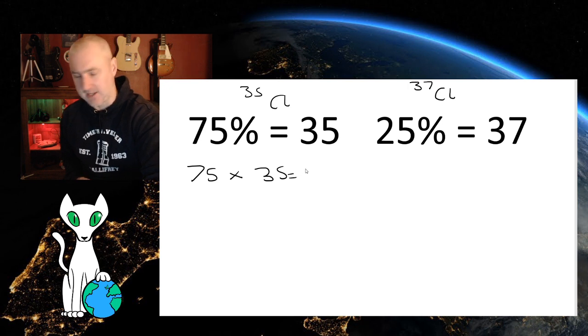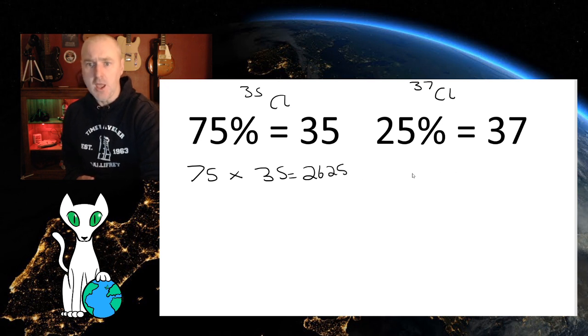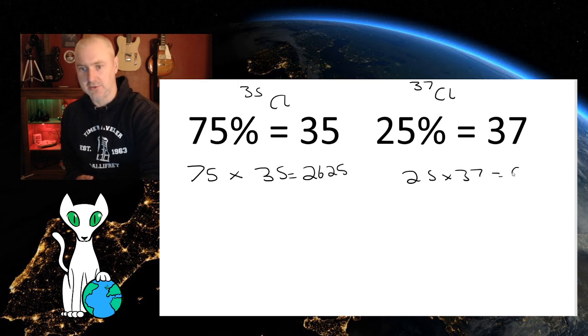So 75 times 35, and I'm not doing this in my head, I worked this out earlier on, is 2,625. On this side, 25 times 37 is 925. And I'm going to add those 2 numbers together.